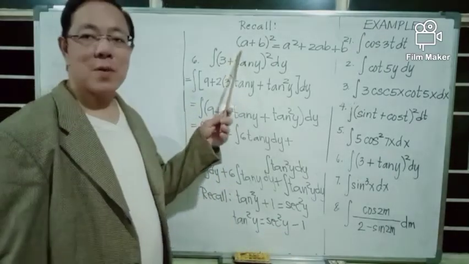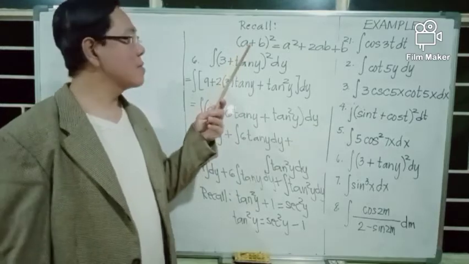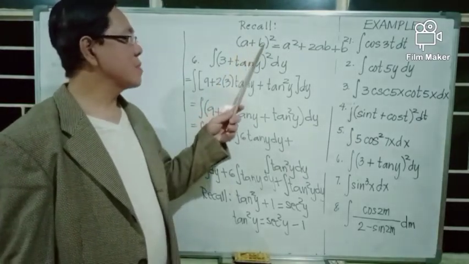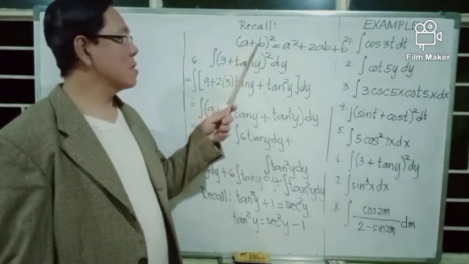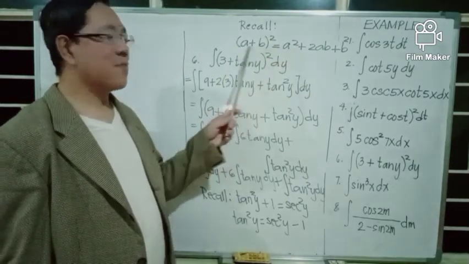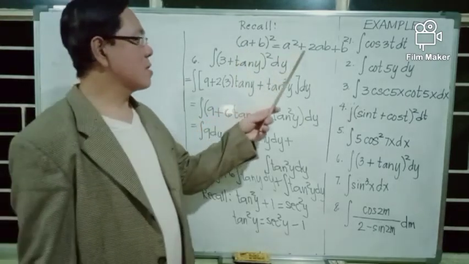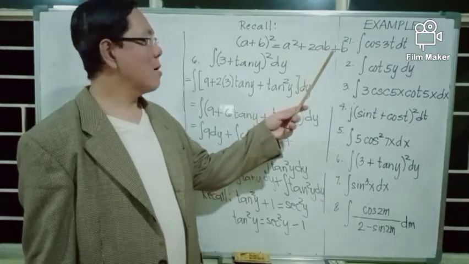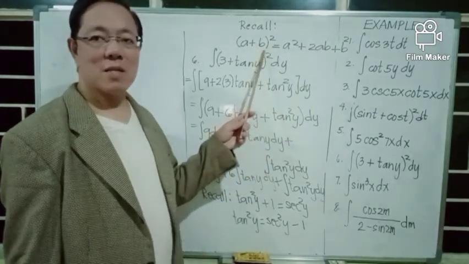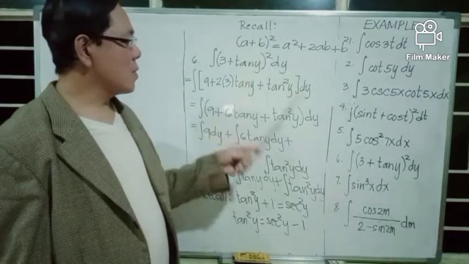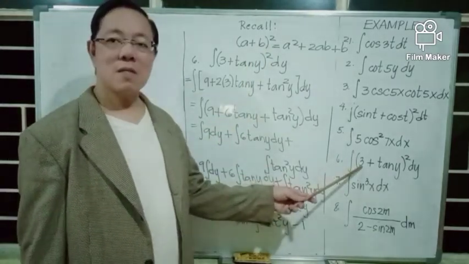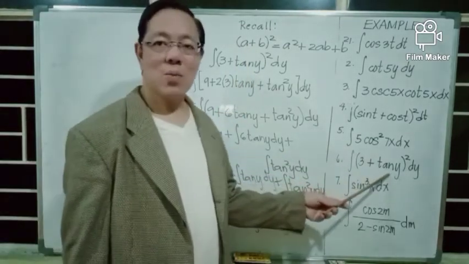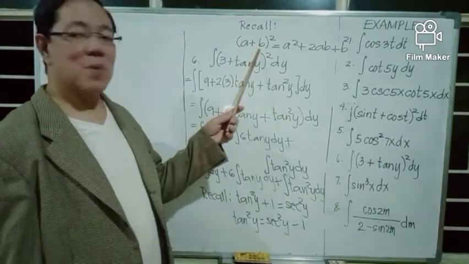From your course in algebra, the square of a sum, this is a binomial, the sum of two terms, is equal to the square of the first term a plus twice the product of the two terms a and b plus the square of the second term. In number 6, 3 is a in the special product rule, and tangent y is b.